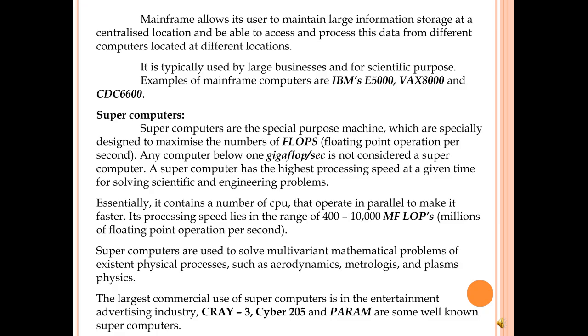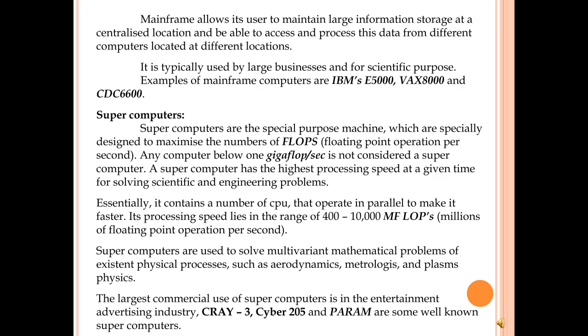Now, the computers being used in different forms are named supercomputers, and supercomputers are special purpose machines which are specifically designed to maximize the number of FLOPS, that is floating point operations per second.